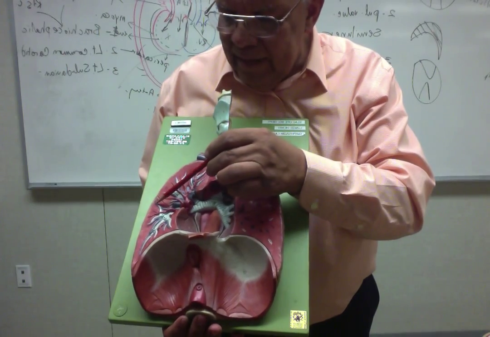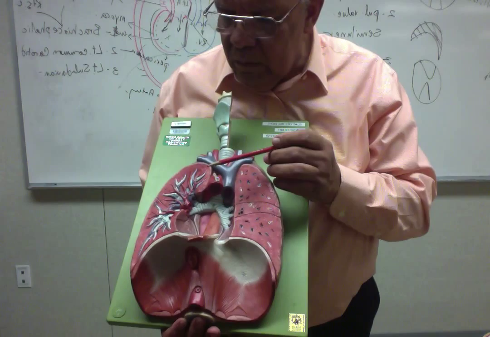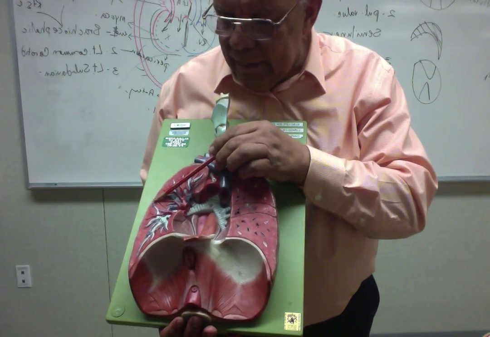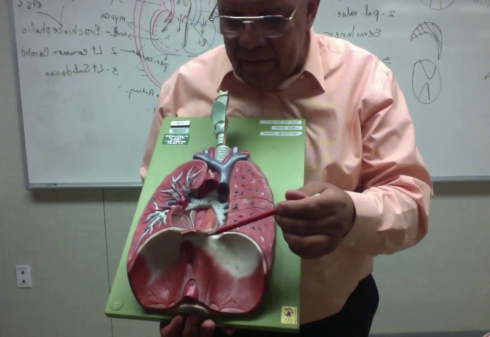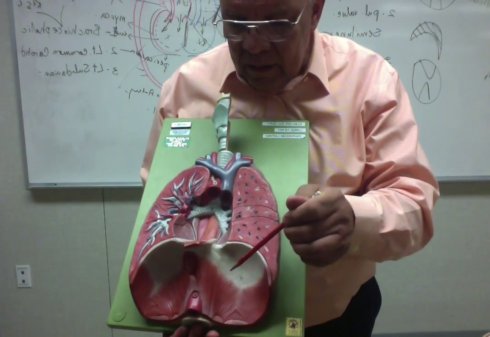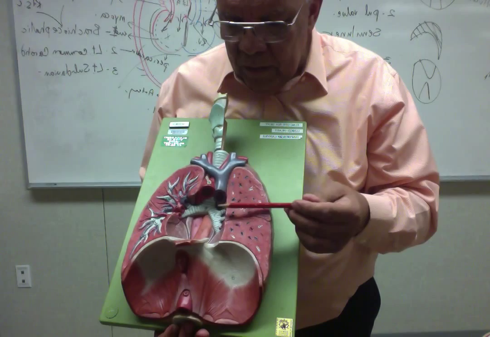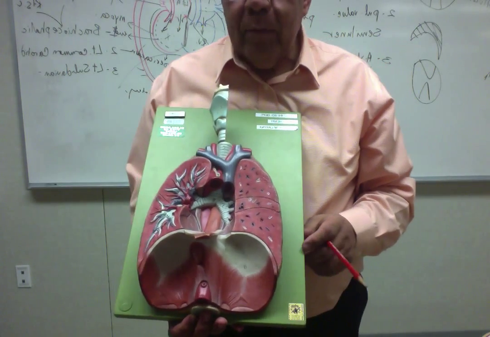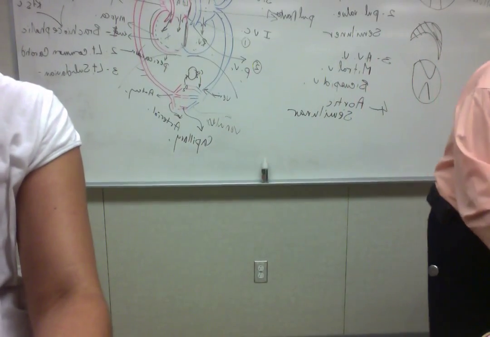At the very end, we have the alveolar sacs or small balloons where gas exchange takes place. Below the two lungs, we have the main muscle of respiration, the diaphragm. It's made of two lobes and lies between the thorax and the abdomen.